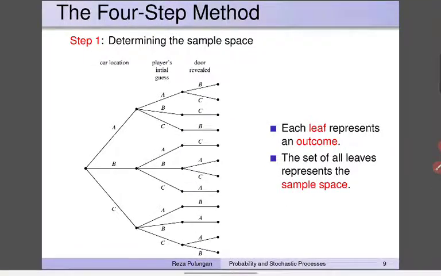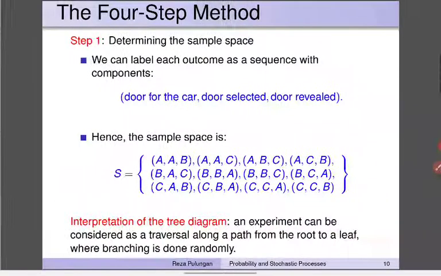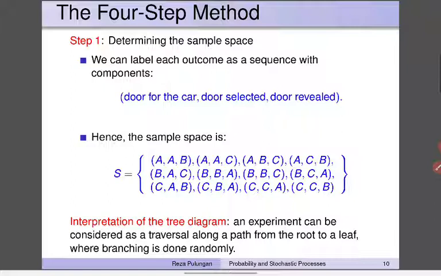So in our tree diagram also we have this. We have this A, B. So right now we can label this outcome as a sequence A, B. Now it is quite clear for us the interpretation of the tree diagram.